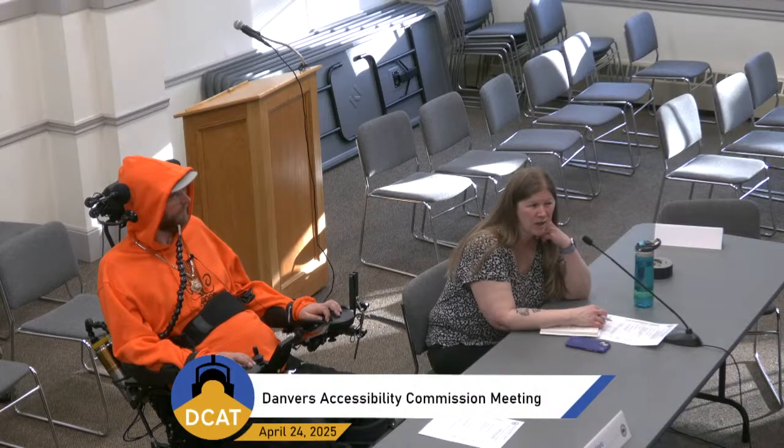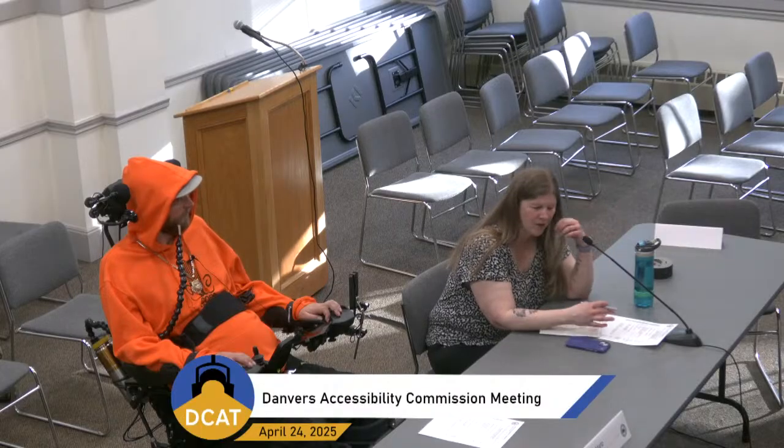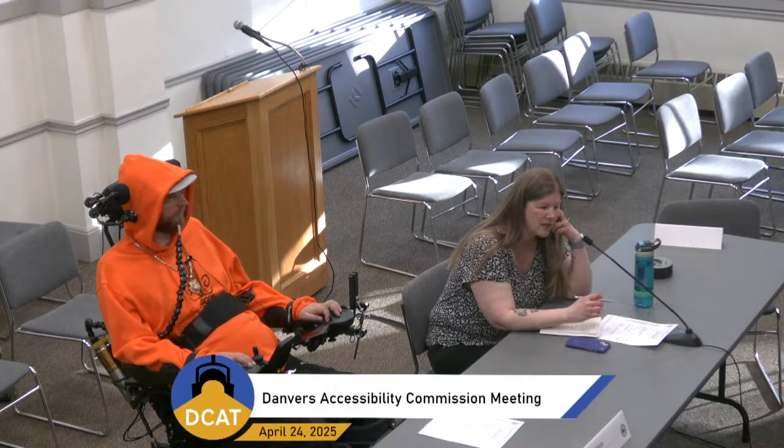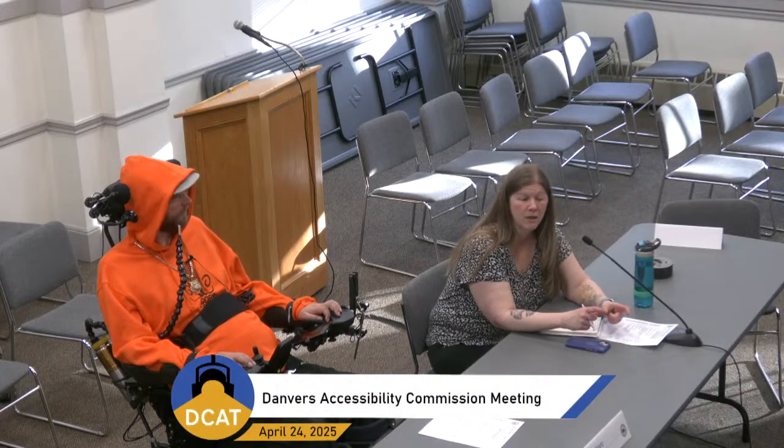I met with Jen Breaker a couple months ago to talk about general Accessibility Commission issues. And one of them was, how do we get word out to the public about things? And she said if we had things sized for Instagram or Facebook, we could give them to her ahead of time and she can find places to put them in the schedule.